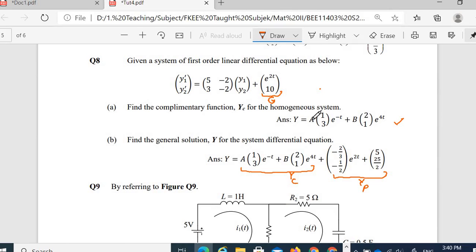So you get here: this is a, this is v1, exponent lambda 1 is negative t, b, this is v2, exponent lambda 2 is 4t. This is the solution of the homogeneous equation, this part is yc. And then we need to find yp. So add up yc and yp, and this is the general solution for your non-homogeneous system.